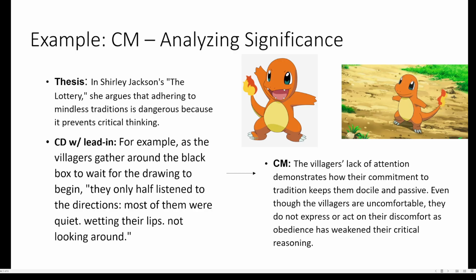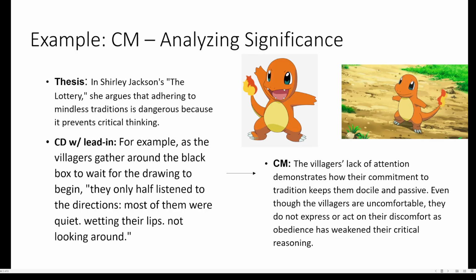And then I say, even though the villagers are uncomfortable, which by the way, that's me adding analysis here because nowhere in this quotation does it say they're uncomfortable. It gives you plot actions like wetting your lips or not looking around that indicate they're uncomfortable, but I'm unpacking that and saying even though the villagers are uncomfortable, they do not express or act on their discomfort as obedience has weakened their critical reasoning.